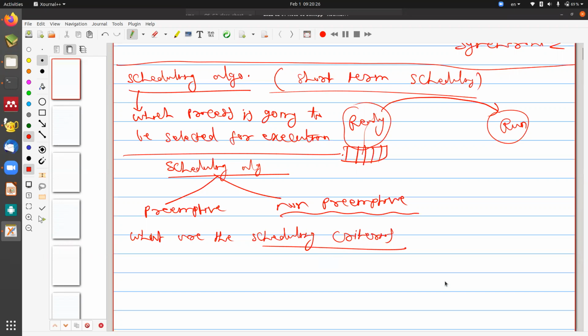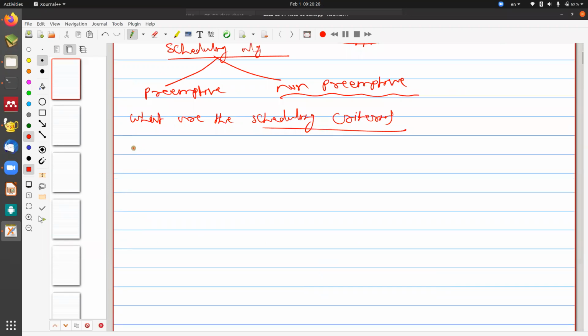So the basic scheduling criteria are, first one is called CPU utilization. Little theory, please write it down. The second criteria is called throughput. The third criteria is the turnaround time.